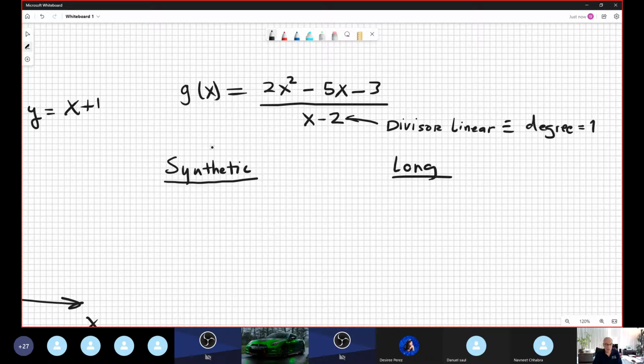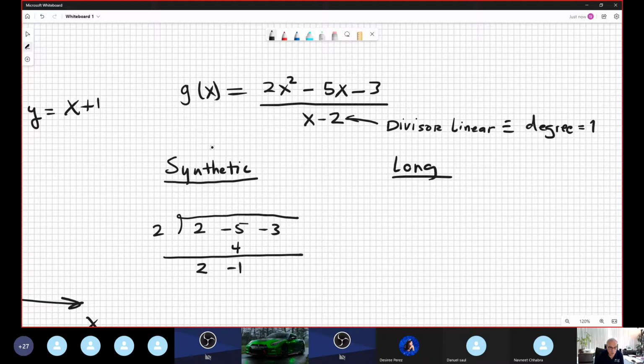Okay, super. So now it's easy. I take advantage: there are 2, -5, and -3. I copy just the coefficients here. I copy 2, positive, right? And the opposite sign. Bring down 2. 2 times 2 is 4. -5 plus 4 is -1. -1 times 2 is -2, and the answer is -5.